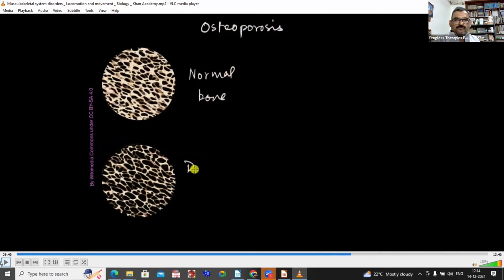In osteoporosis the bone has increased pores. You can see the upper one has more density, and the lower one has less density of cells. Here we can use Bone 200, bone irregularity OM3 and calcium mixture.